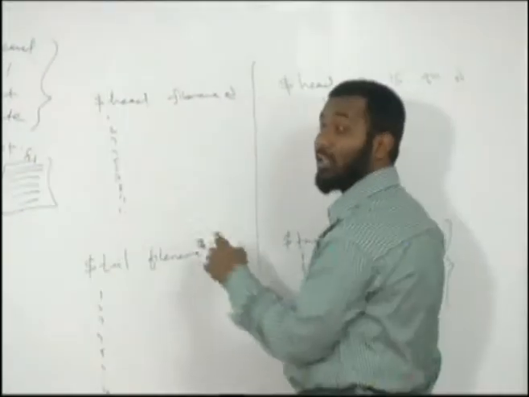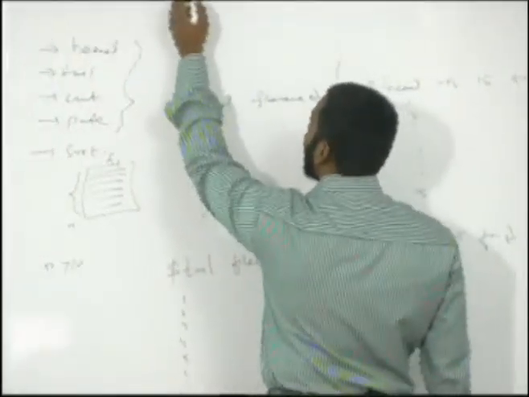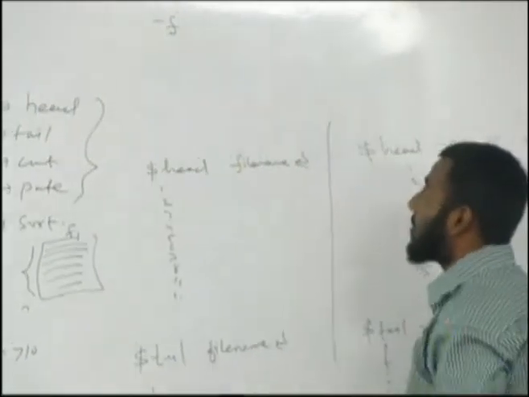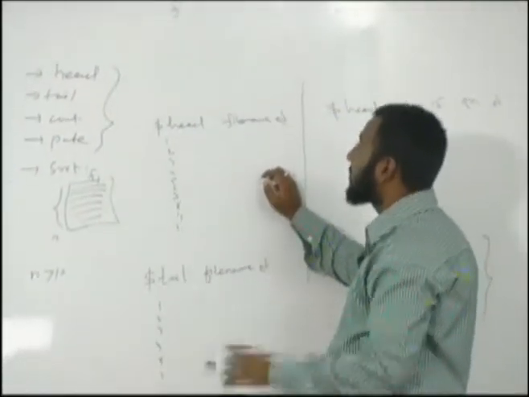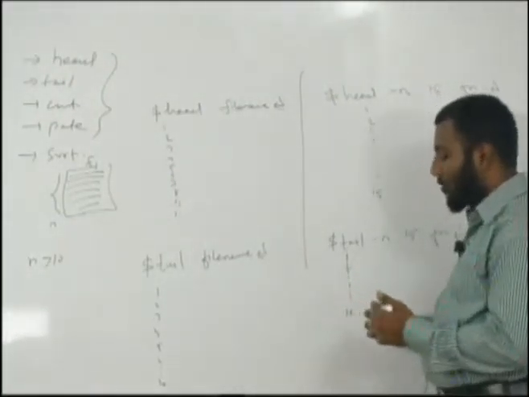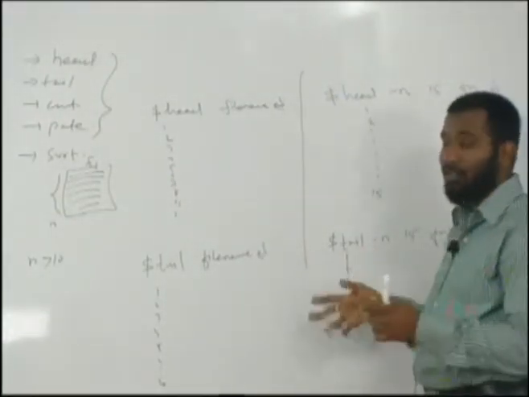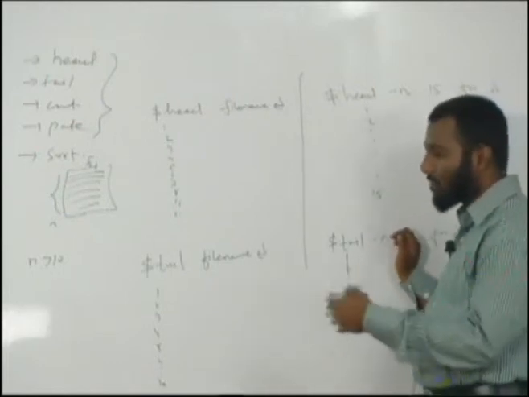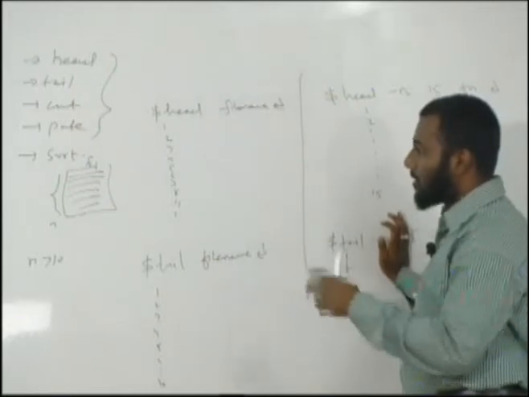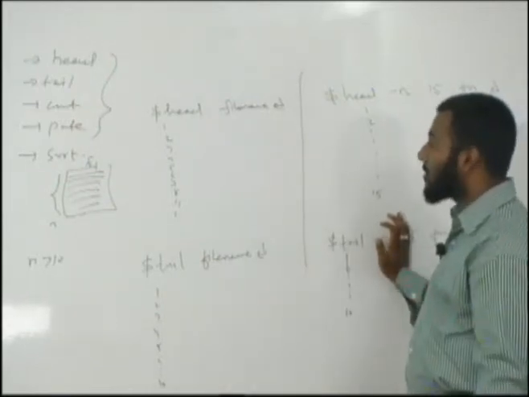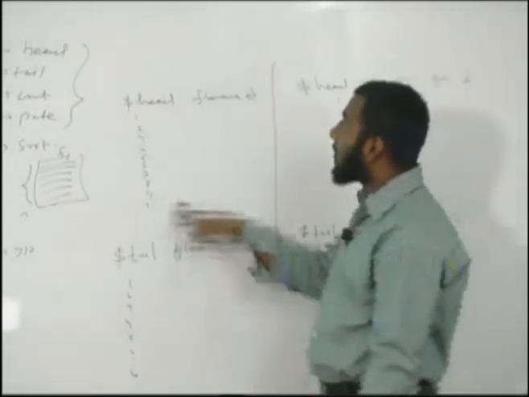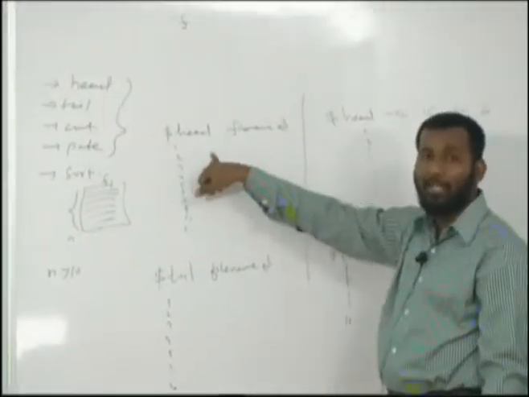Tail is more powerful than head because it has one option called F, which is used generally by the administrator to monitor the growth of a file, because it's very common in operating systems that most of the processes, or a database that is running, modify the log files, and as time goes on, those log files will go on increasing. If you want to monitor the growth of that file, then we'll use the tail command with option F, which is not available with head.